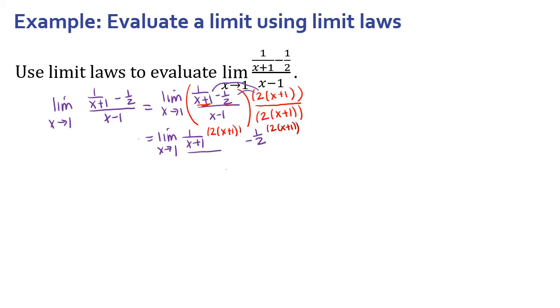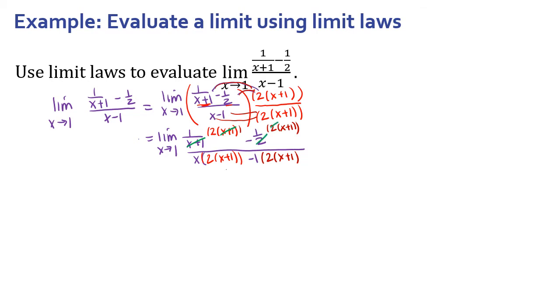And then that's all over x times 2 times x plus 1, minus 1 times 2 times x plus 1. So all I'm doing is just showing that each of these terms has to get multiplied by that to keep this equation balanced. So what's great about that is that these denominators will cancel out and it's going to help us simplify these.